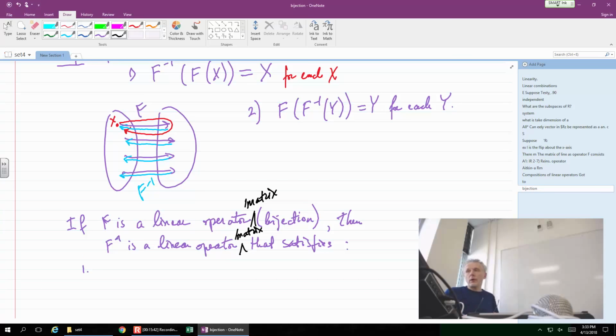Okay, so how do we write out these equations? Well, actually, we don't have to jump to matrices. We could express these equations, identities at the top, with the circle notation. So f inverse circle f is equal to what?